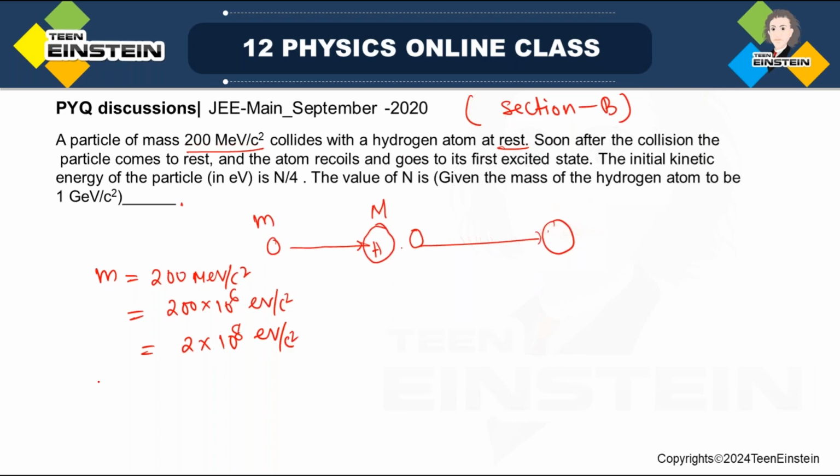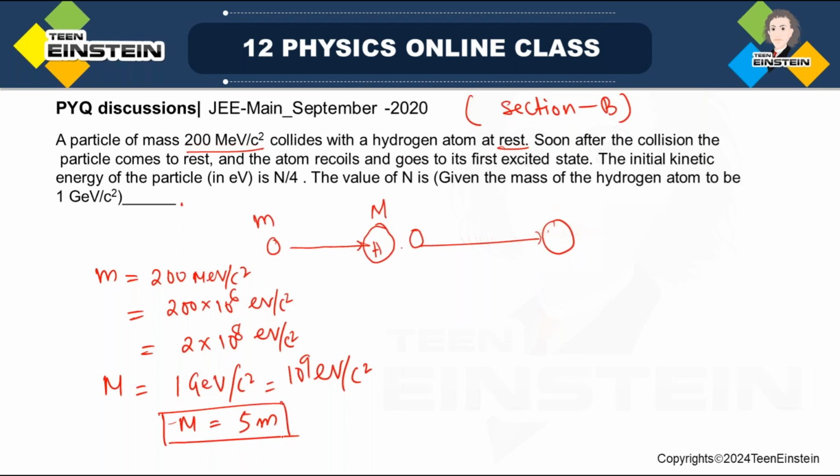What about the mass of the hydrogen atom? That is 1 GeV per c square, which is actually 10 to the power 9 eV by c square. If you compare with this, then M is 5 times small m. This we can see easily.